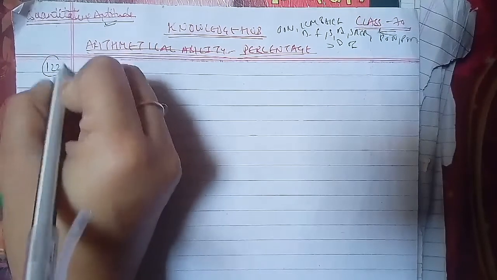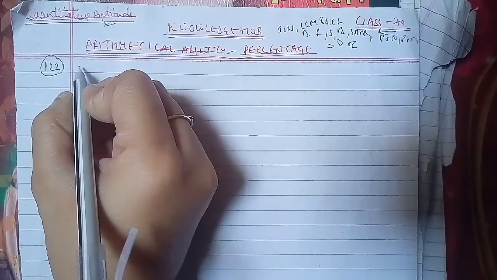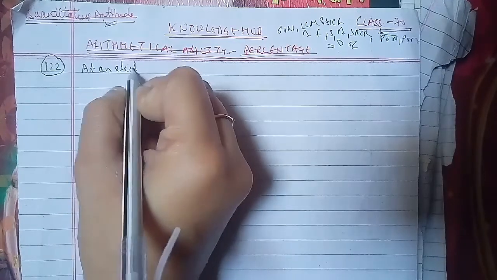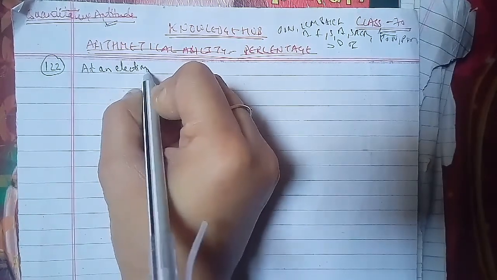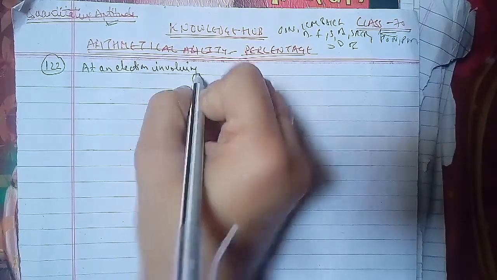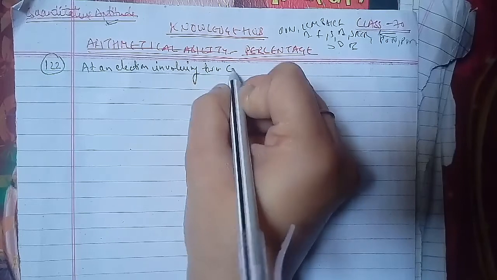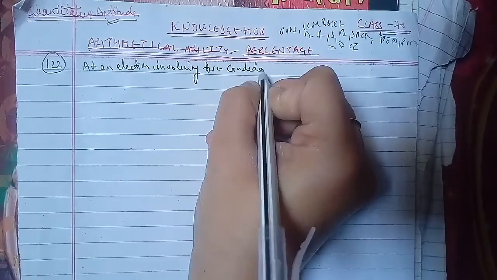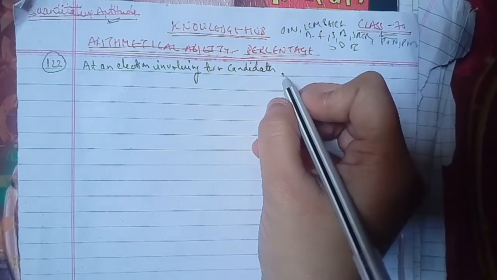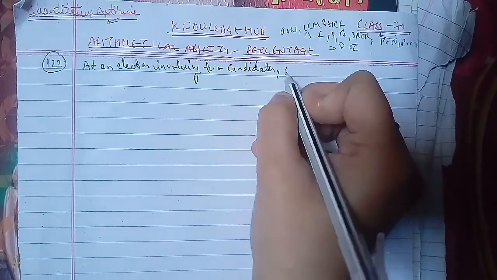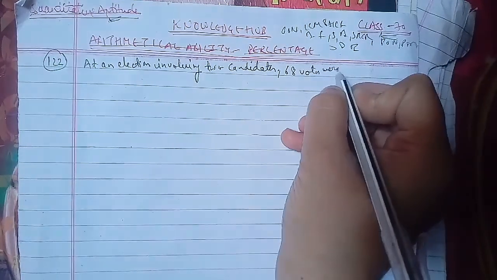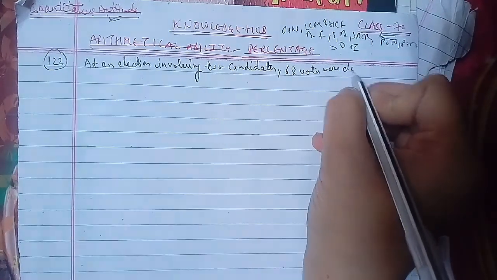122nd question of the session. The question is: at an election involving two candidates, 68 votes were declared invalid.